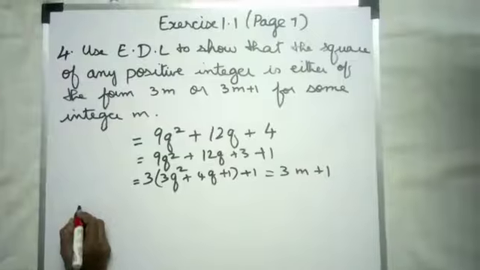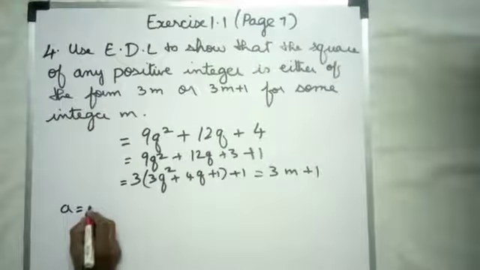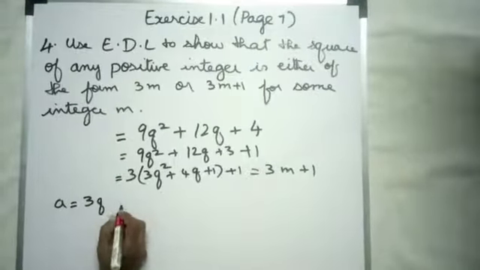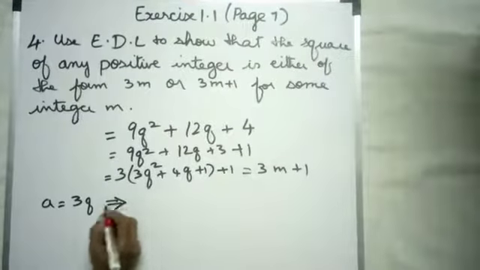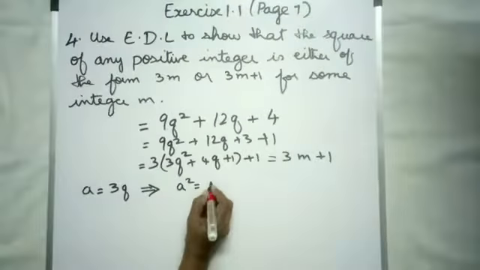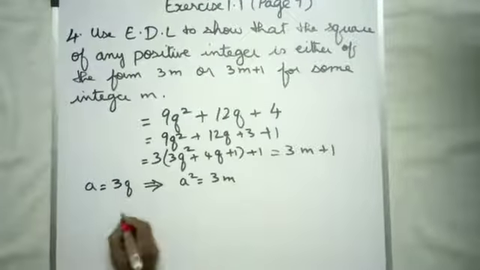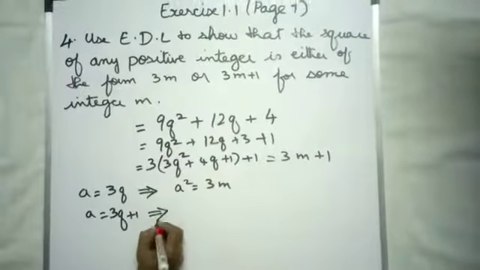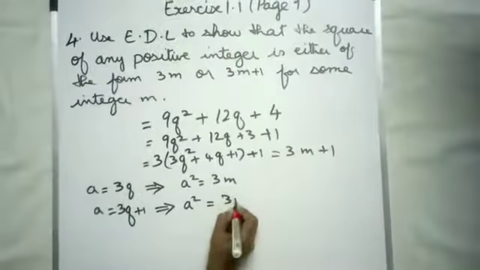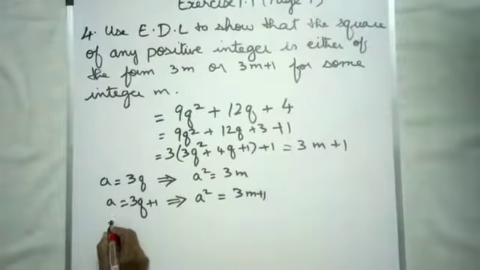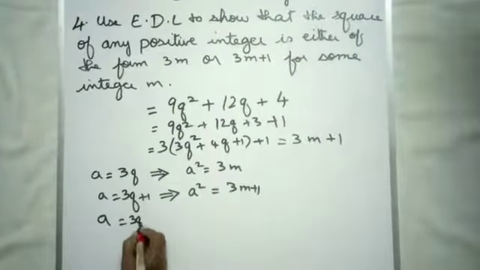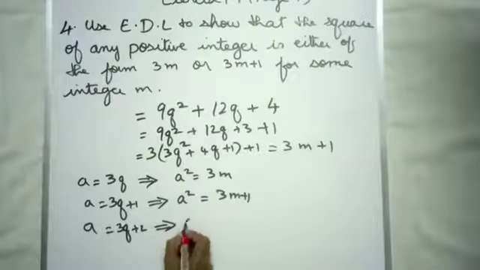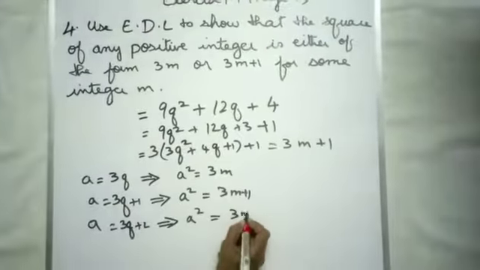So for the first case, when a is equal to 3q, we had a square as 3m. Similarly, when a is equal to 3q plus 1, we had a square as 3m plus 1. In the third case, a is equal to 3q plus 2, we had a square as the same 3m plus 1.